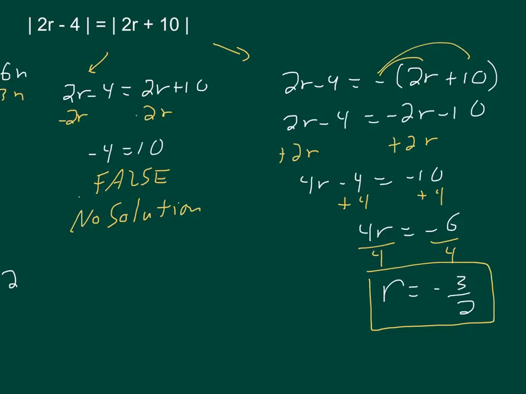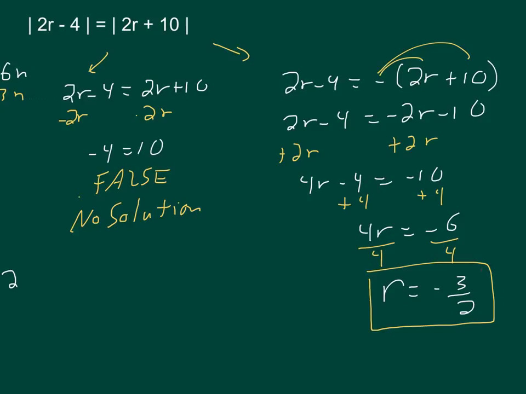Alright, so we see in the first equation, we end up getting the statement -4 equals 10, which from our last section is one of our special cases that's false. And so there's no solution to this particular equation. That does not mean there's no solution to our original, because we still have the other equation.